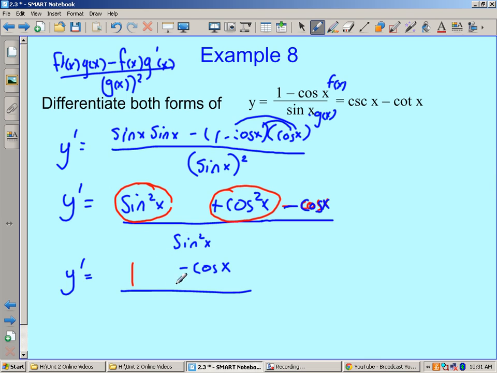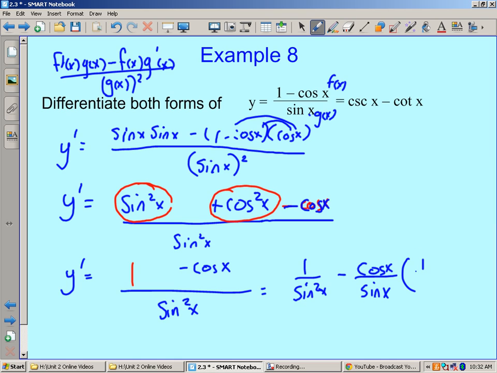So then I'm going to do a little more simplification on this. Actually, I could just divide both of these guys. Since I've got 1 minus cosine x, this could be written as 1 over sine squared x minus cosine x over sine x times 1 over sine x.